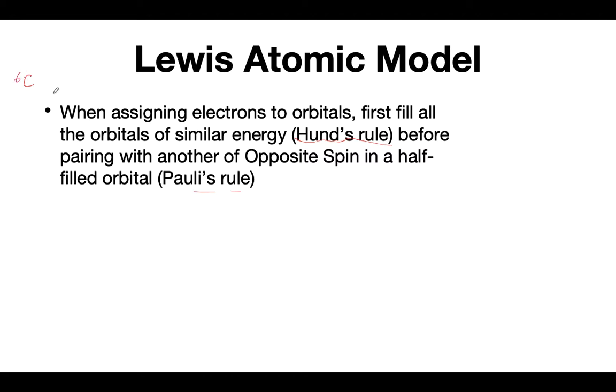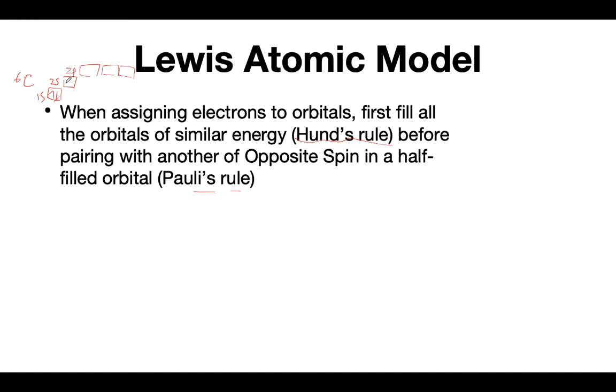So we will say 1s, then the 2s orbital has energy higher than 1s. Then there are the 3 p orbitals, right? You will fill each orbital up to 2 electrons. The s orbital energy is lower than any of those orbitals, so you fill those 2 in opposite spin, right? Then the 2s orbital, also in terms of energy, is lower than the 2p orbitals.